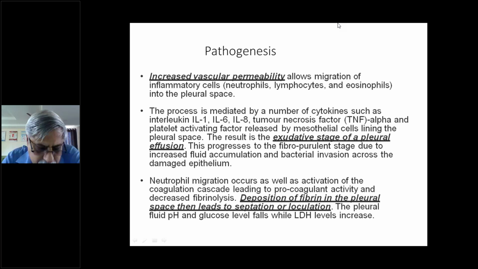Excessive production may be due to, one, what you said, increased hydrostatic pressure, like in case of congestive cardiac failure, fluid accumulates in the pleural space. The second one is decreased oncotic pressure, with which the fluid flows into the pleural space. So that is more production of fluid.